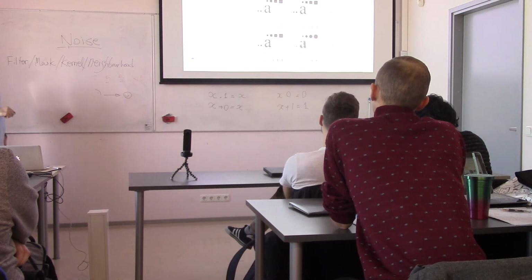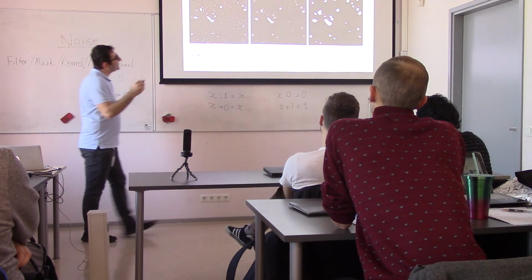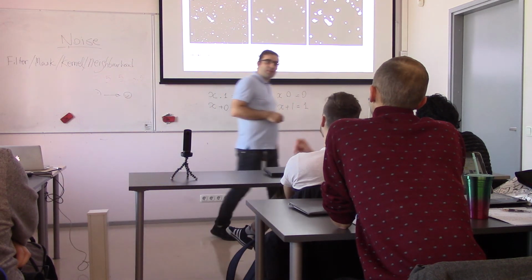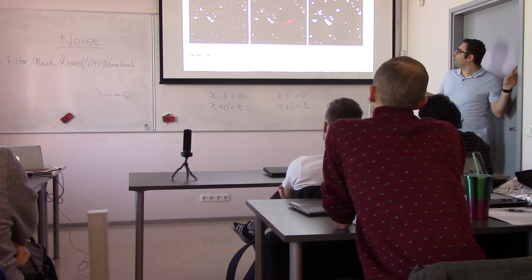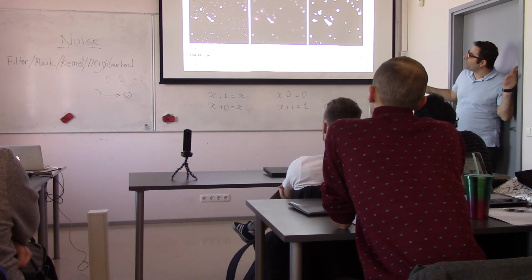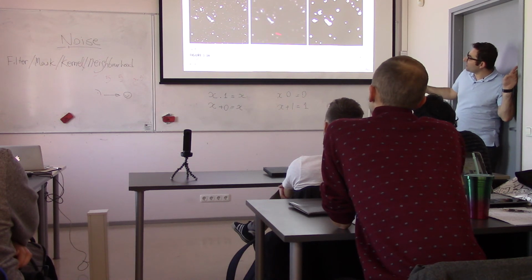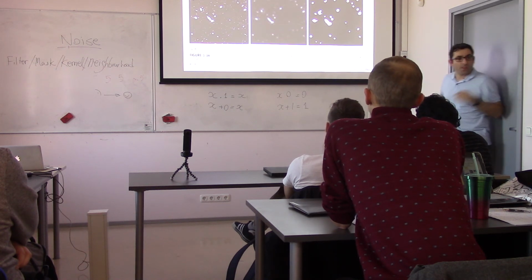So let's see what we can do with this blurring. Let's say we have this satellite image. We will use a blurring mask, it's 15 by 15, and this is what we are getting. Now you can convert this image into black and white.